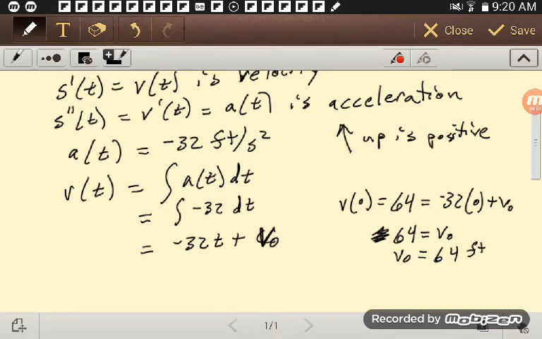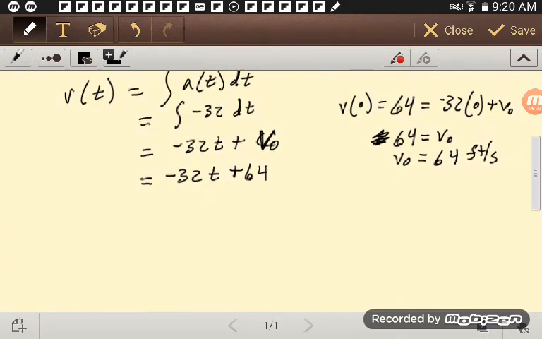That's feet per second, a good reason to call it v0, the initial velocity. And so our particular solution is minus 32t plus 64. So that's v of t.